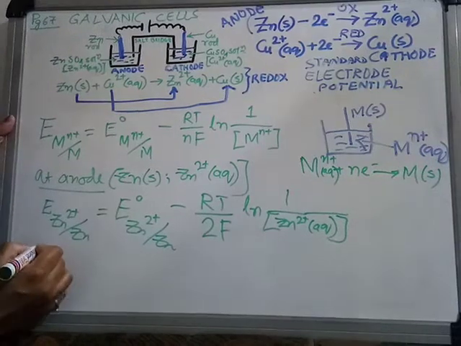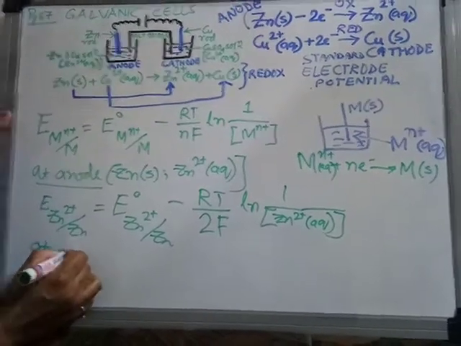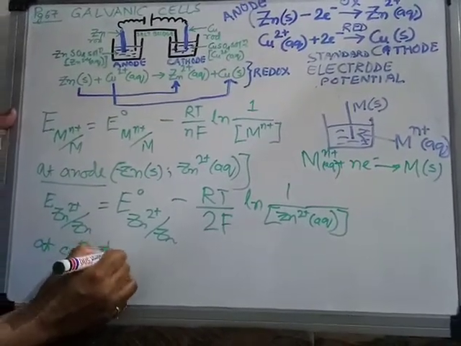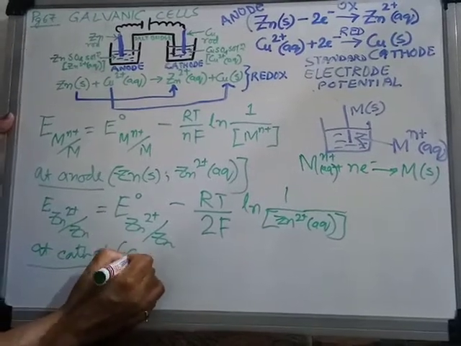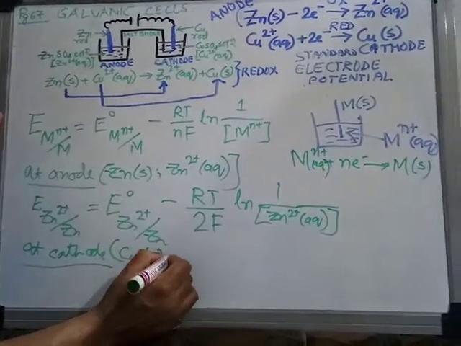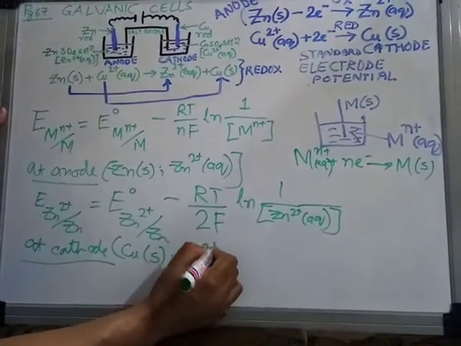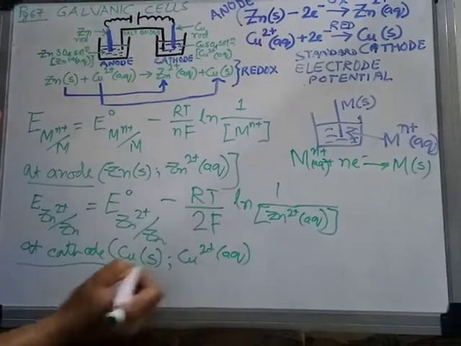Then what about the cathode? At the cathode, the connection is between copper solid and Cu2+ aqueous.